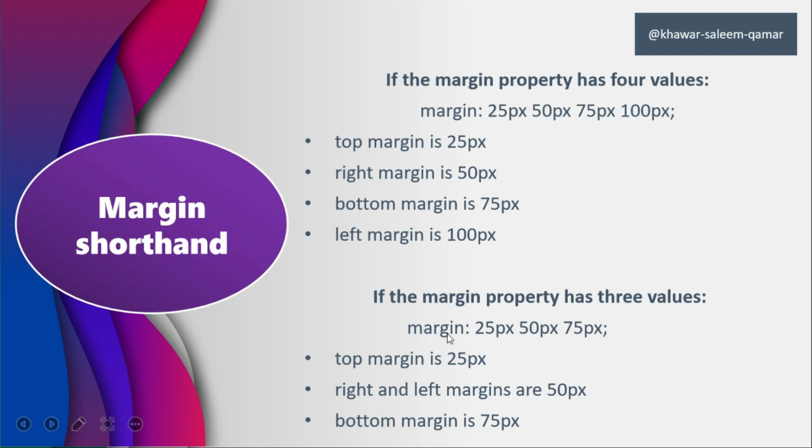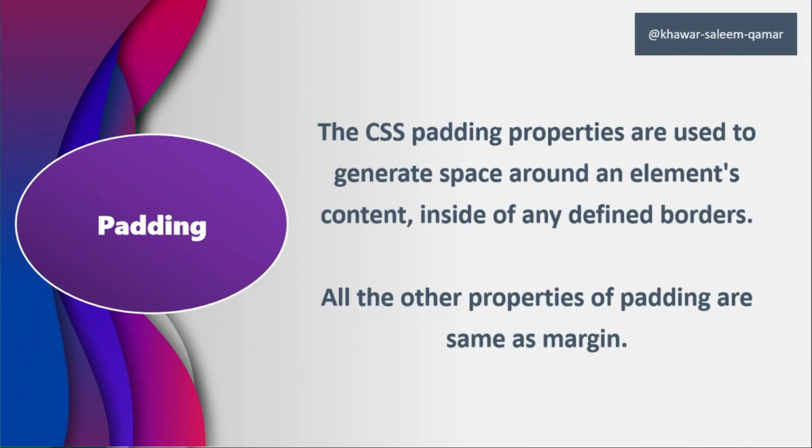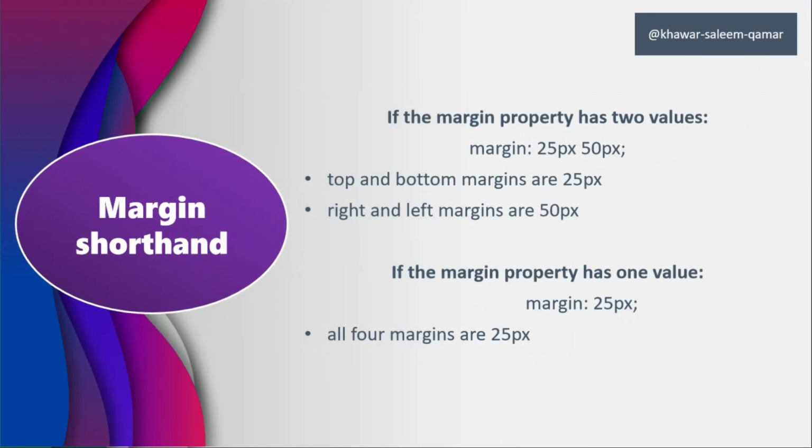If you have three values, the first one is for top, the second for both left and right, and the third for bottom. If you have only two values, the first one is for top and bottom, and the second for left and right. If you specify only one value, that value is applied to all four sides. So we have learned quite a lot of theory about margin.